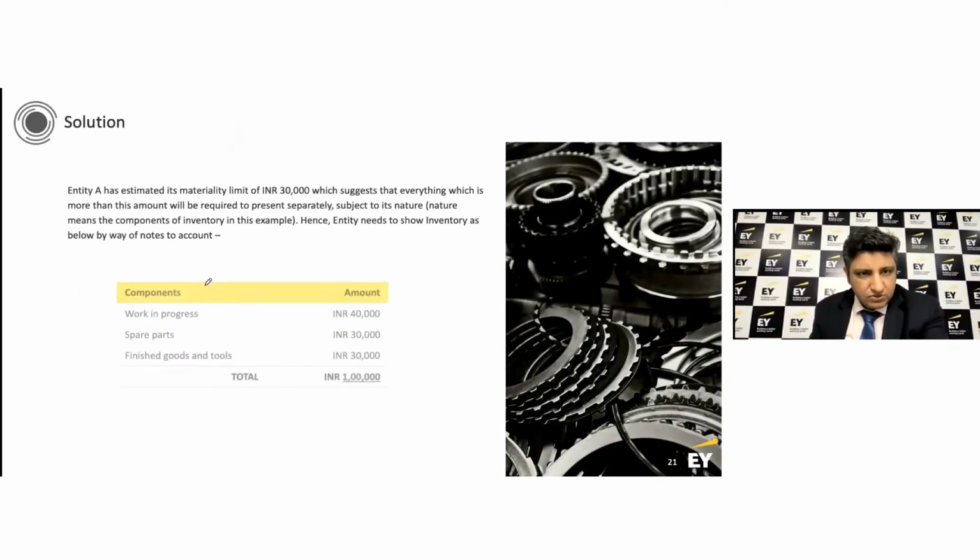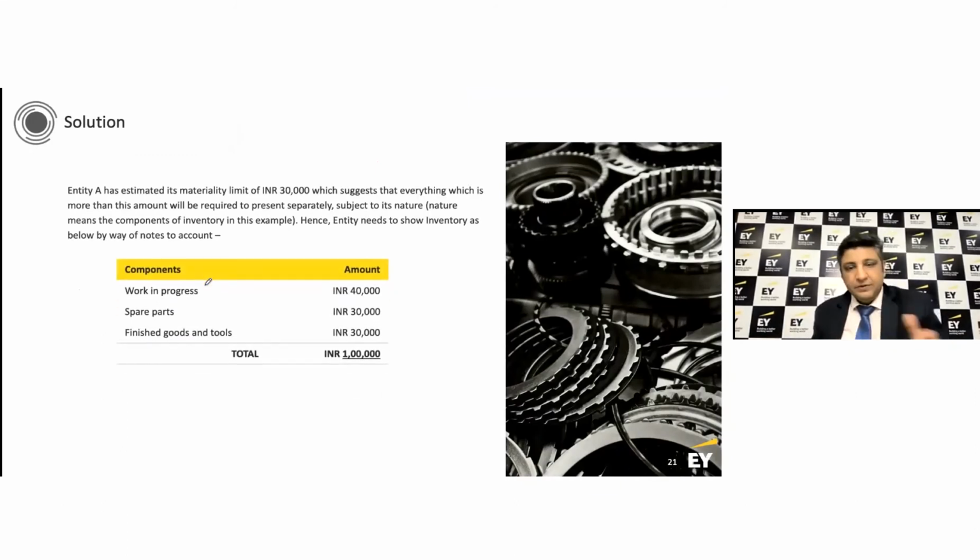So just to highlight, this is something which is given in a more structured manner. We say that A has estimated the materiality limit of 30,000 rupees, which suggests that everything more than this amount is required to be shown separately, so that users are aware of it. Anything above 30,000 rupees is clearly visible, right? Subject to the nature of, for example, the inventories.